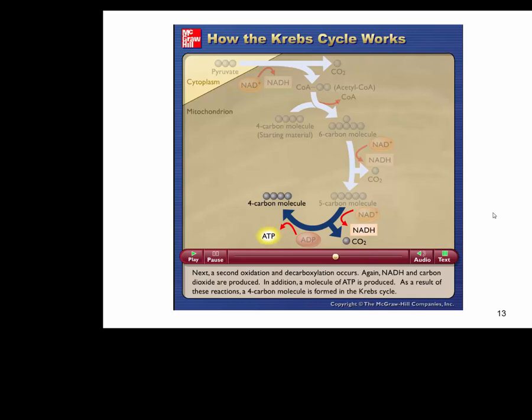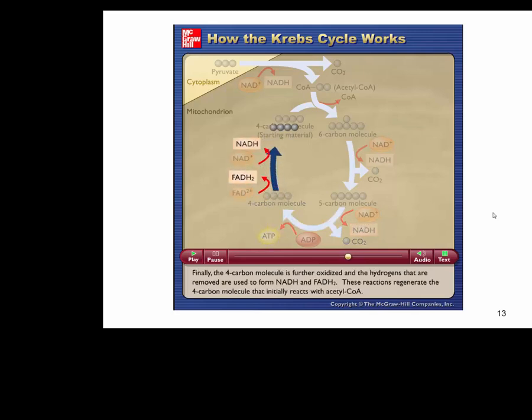As a result of these reactions, a 4-carbon molecule is formed in the Krebs cycle. Finally, the 4-carbon molecule is further oxidized and the hydrogens that are removed are used to form NADH and FADH2. These reactions regenerate the 4-carbon molecule that initially reacts with acetyl-CoA.